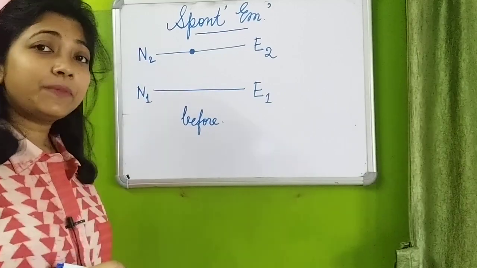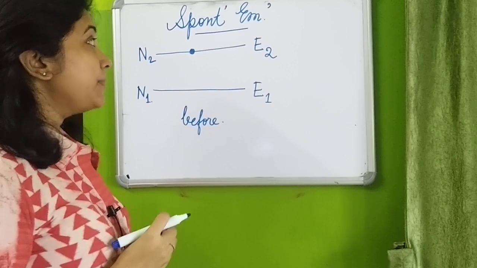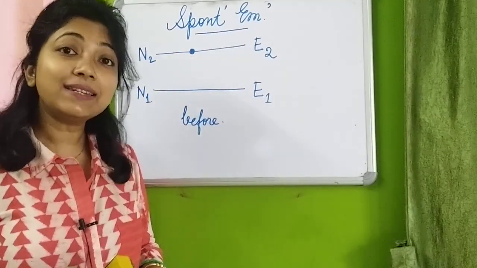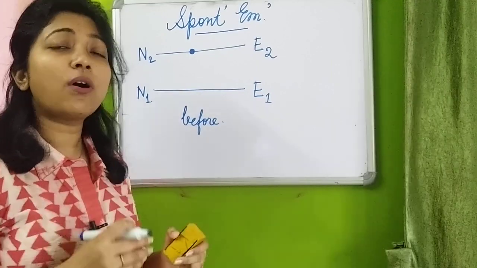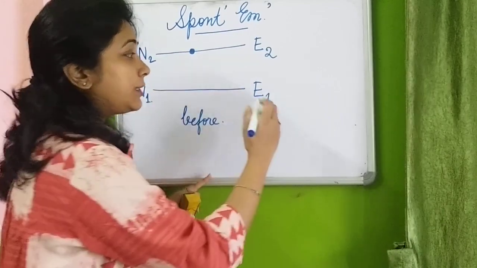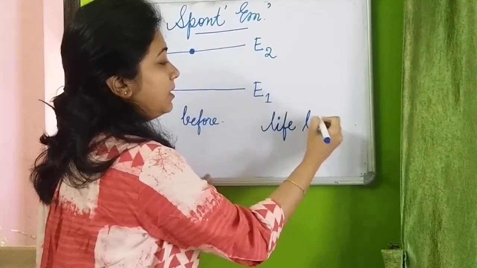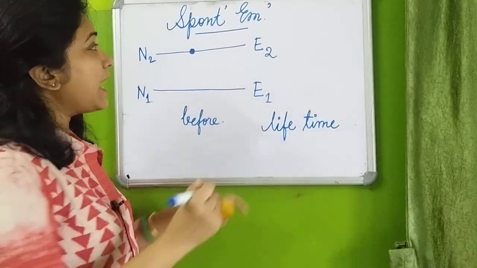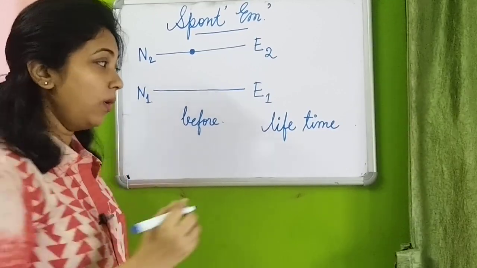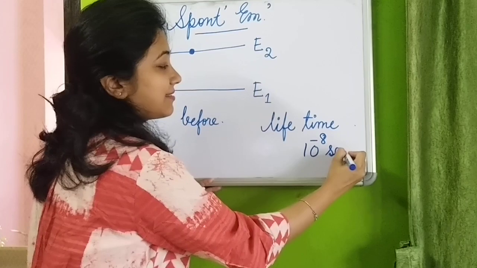Now what will happen? Students, this is a very important thing to remember: the presence of this electron in the excited state is only for a very short time. The particular term we use in this case is called lifetime. As I was telling you, the lifetime of the electron in the excited state is very low, only about 10 to the power minus 8 seconds.